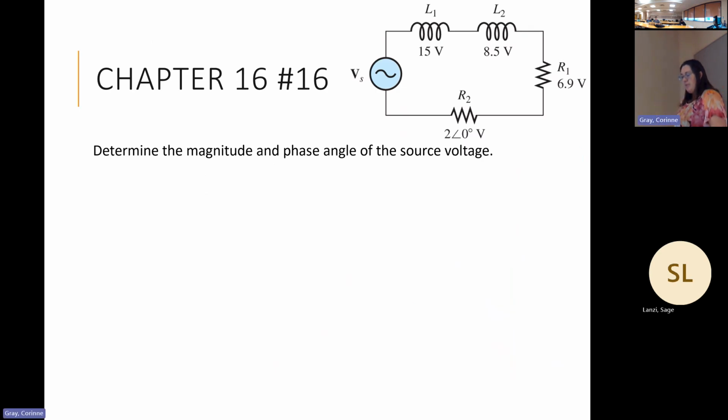So we need to determine the magnitude and phase angle of the source voltage.